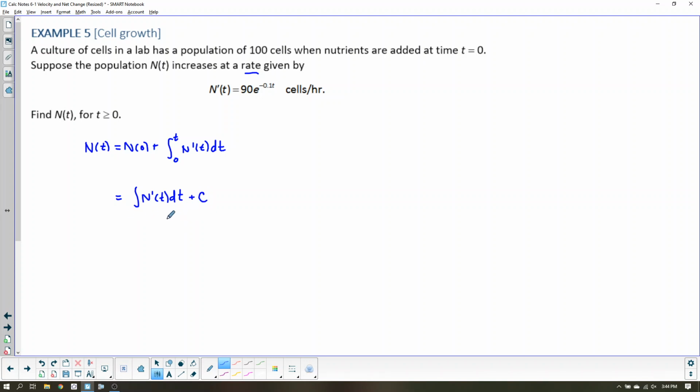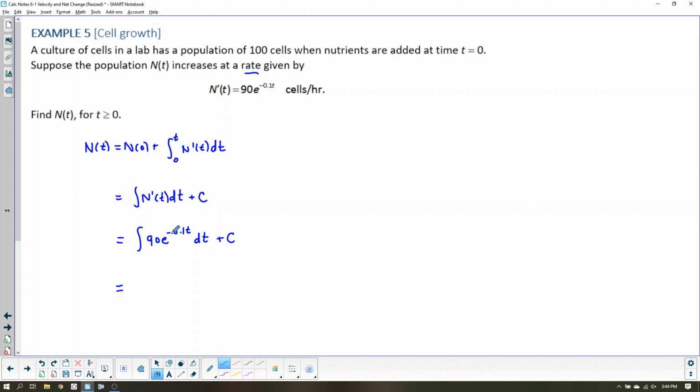And as with all of them, I personally prefer doing this. I feel like you're plugging in less when you do this. All right, so we need to do the antiderivative of that.